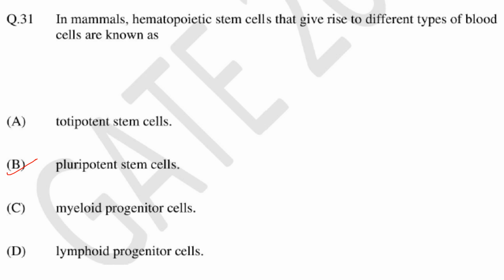That is correct, B is correct. Myeloid progenitor cells and lymphoid progenitor cells arise from the hematopoietic stem cells, but they are not stem cells themselves. So the answer here is option B.